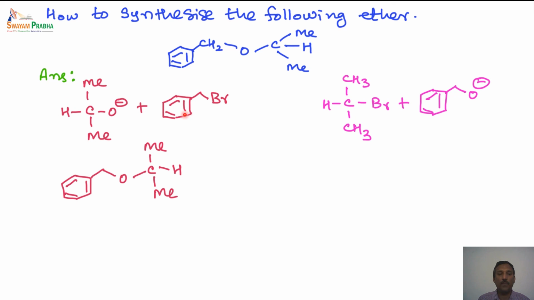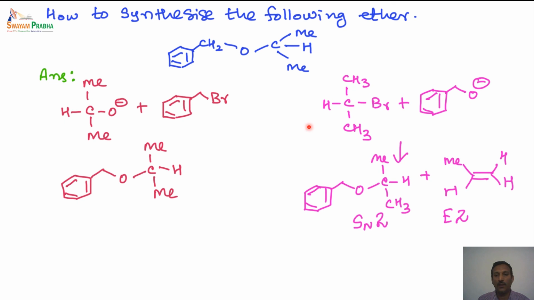These two can combine together to give this particular ether, or this secondary alkyl halide and the anion of the benzyl alcohol can be used. So we have two different combinations and we will have to see which one is the most preferred one.